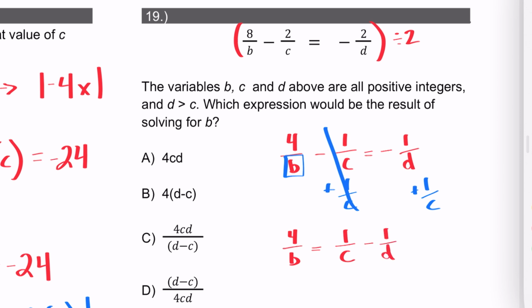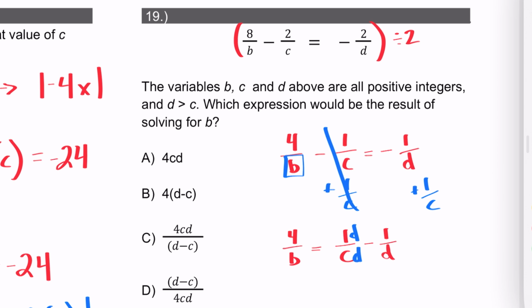Notice that is starting to look a lot closer to what the answer choices are. Now, we can't add those fractions together until the denominator is the same. So if I multiply this by d over d, it doesn't change the value, but it does help us to combine those fractions.